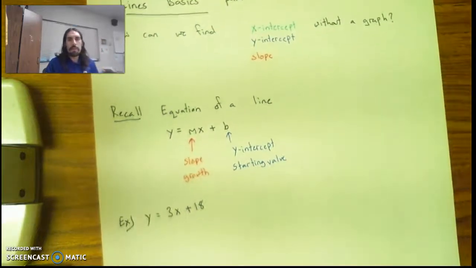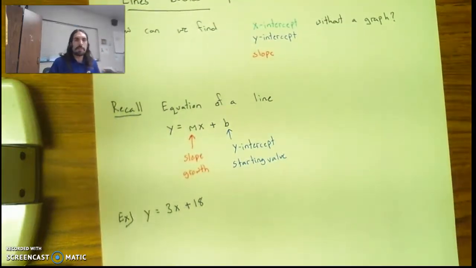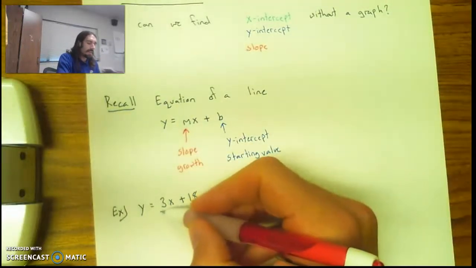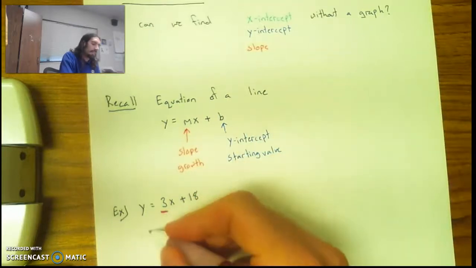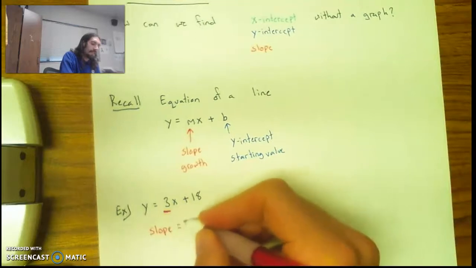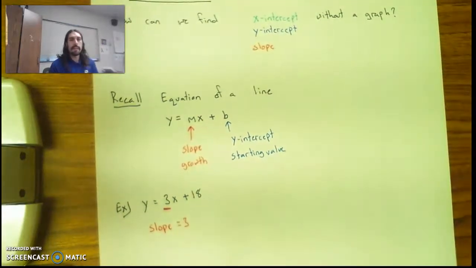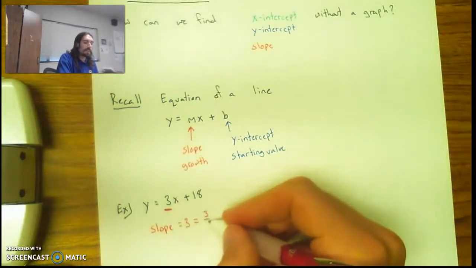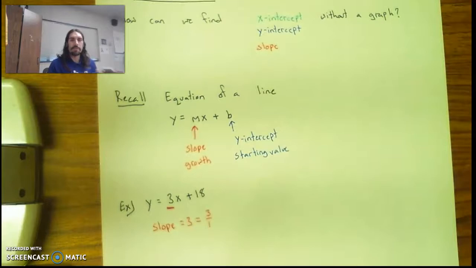If we follow the pattern that we just established, then this 3 right here, because it's the number in front of x, means my slope is 3. If you wanted to think about the triangle, you could also write it as 3 over 1 if you're trying to remember how much up, how much to the right.